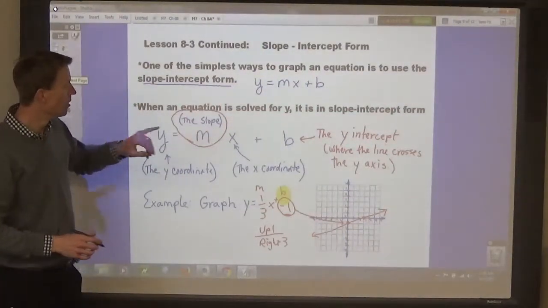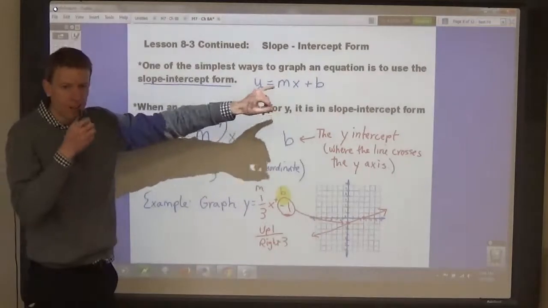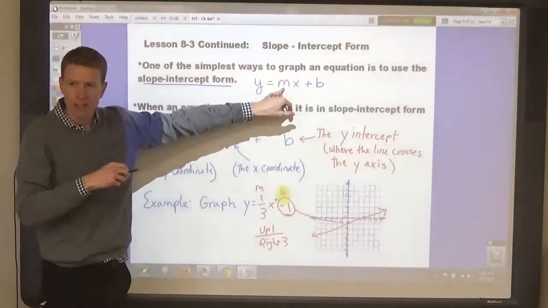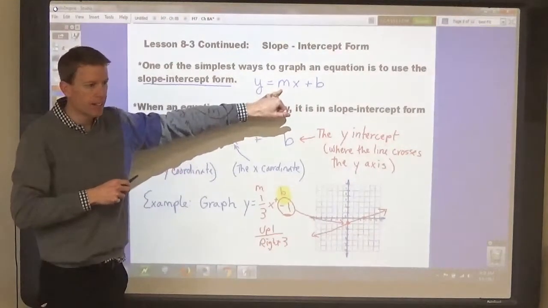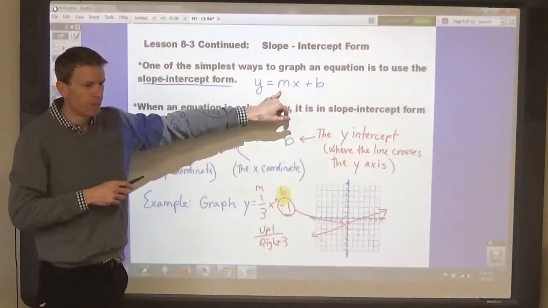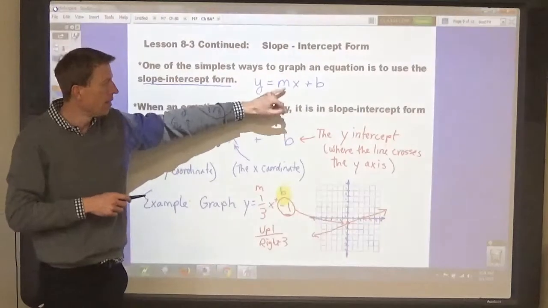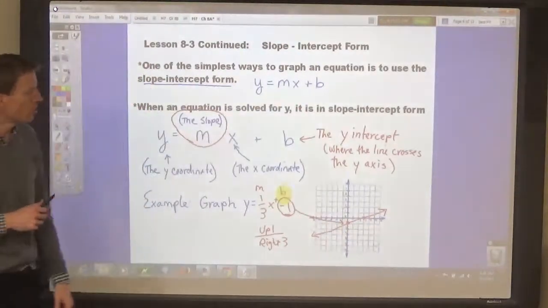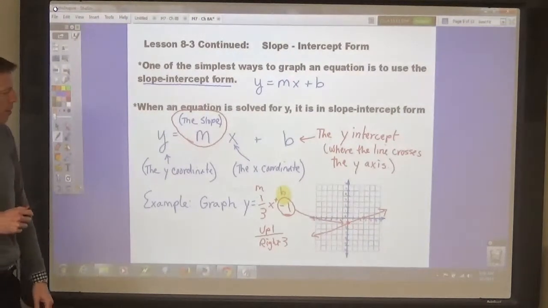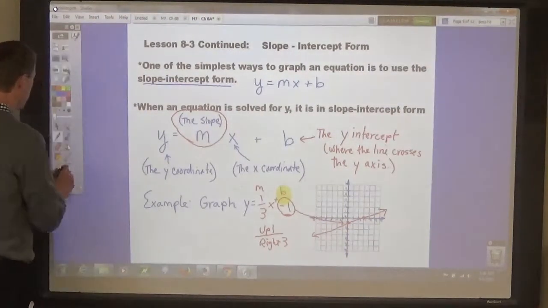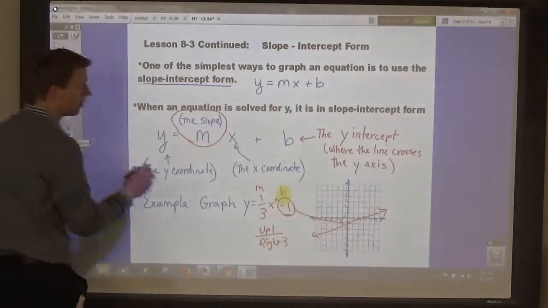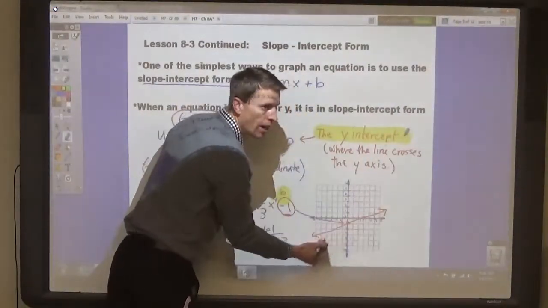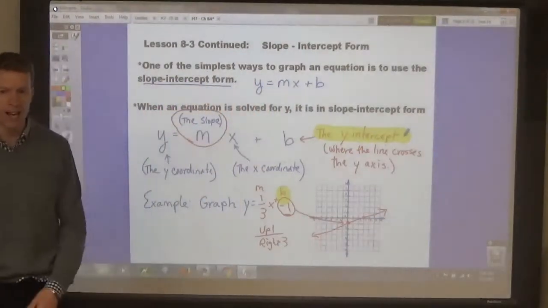Okay? So, stop talking, please. The coefficient of x, whenever we find that, is going to be the slope of the line. The other number is going to be the y-intercept. The y-intercept is wherever a line crosses the y-axis.